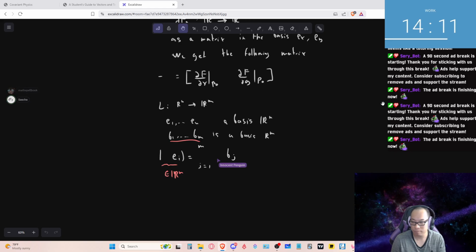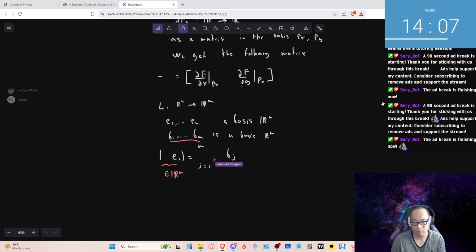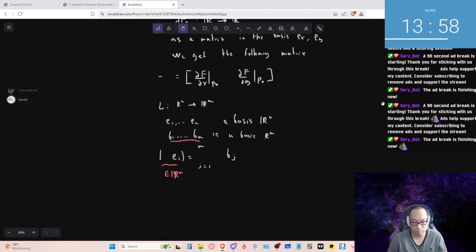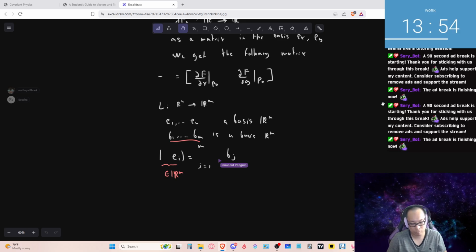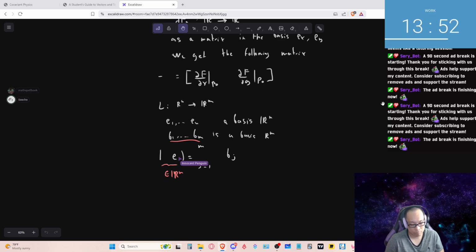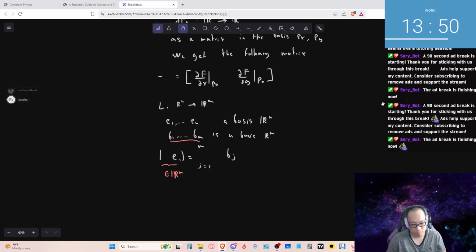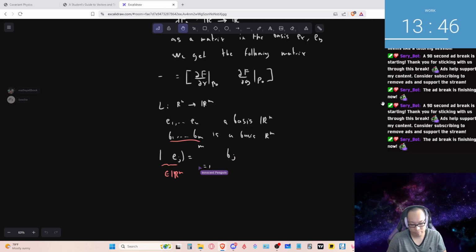So let's see. It's supposed to be I. I tells you the row you're on. Oh, I think I wrote it backward. Okay, maybe let's change this for a J and change this one for an I. So you will get some coefficient here, right?